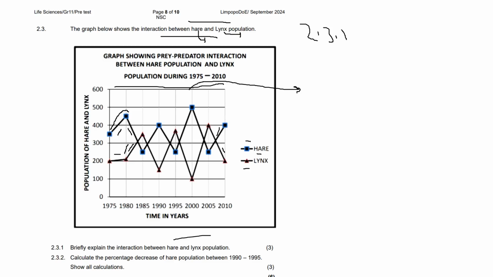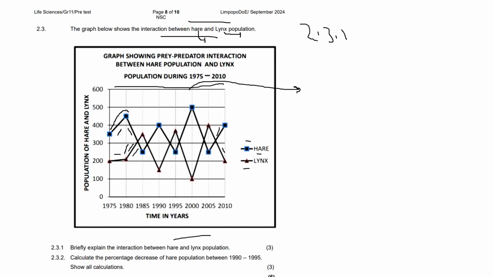From there onwards, the number of lynx will start to increase because they have more food. By food we're referring to the hare. The more the hare population is there, the more food the lynx will have to eat. So the second point will be that the lynx population will start increasing, because they have more food to eat. The food here will be the hare.